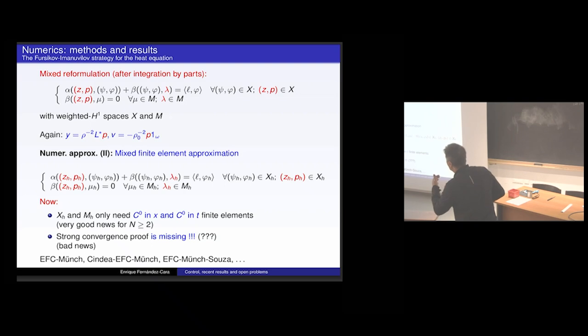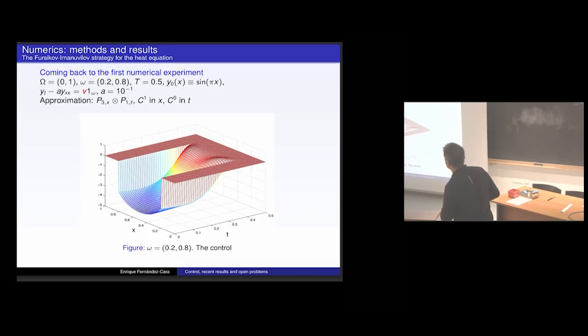Anyway, we have been able to use this in order to get good numerical results, as I have shown before. Okay. I come back now to the example that I showed before. This is solved by using a direct approach in which the approximation is constructed with finite elements on the mesh, finite elements that are polynomials of the third order in x, polynomials of the first order in time.